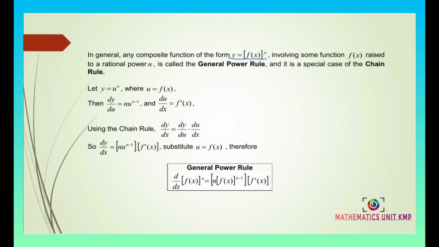Then we substitute u equal f(x). Therefore, to differentiate the function f(x) power n, we get n times f(x) power n minus 1 times f prime x.